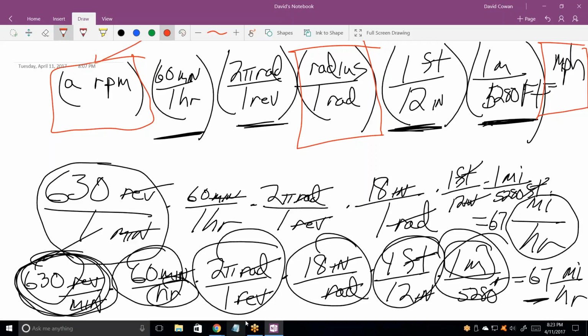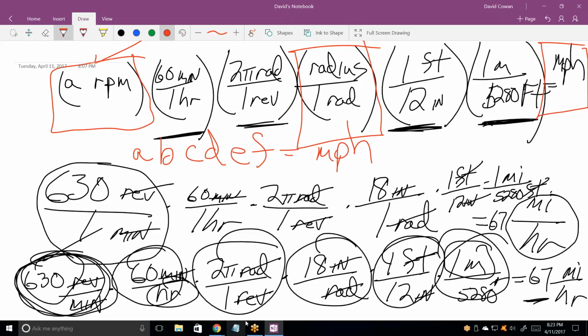Shouldn't matter. What we have here is A times B times C times D times E times F equals MPH. Well, if they give you A through F, then you can calculate MPH.